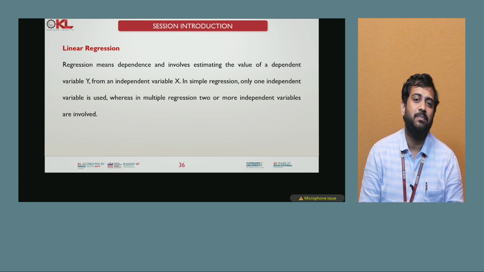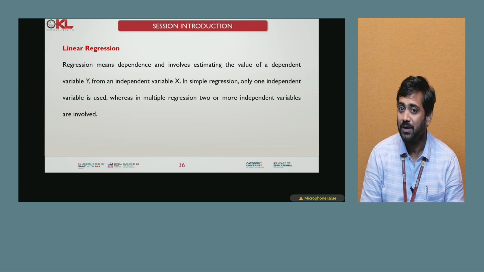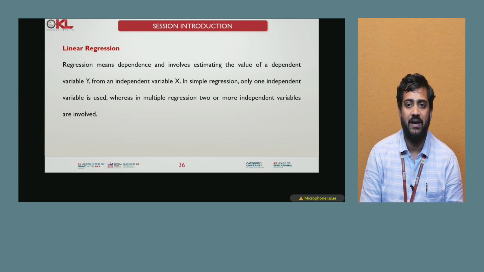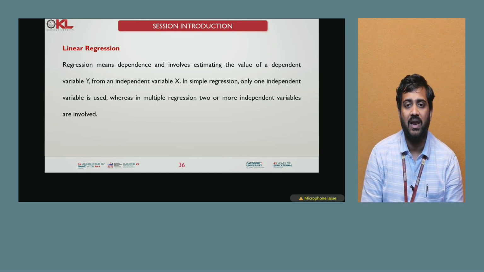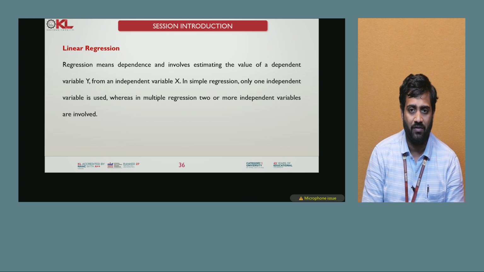In simple regression only one independent variable is used, but in multiple regression there are multiple independent variables. That is the difference between simple and multiple regression. In this session we are going to deal with a simple linear regression model only, where only one independent variable is used.